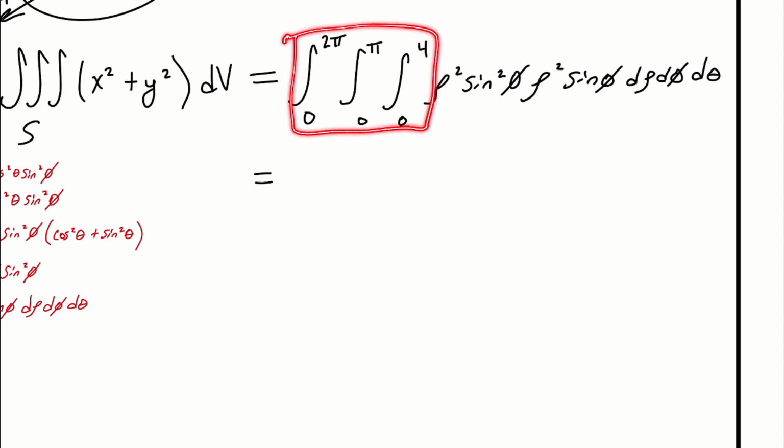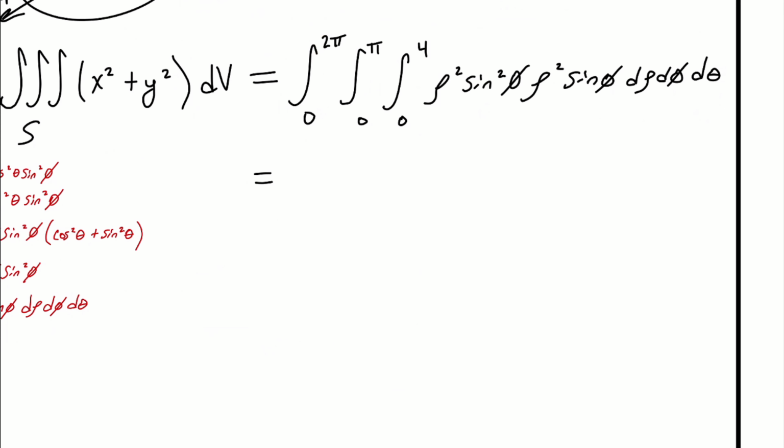In spherical coordinates, all constants produce a sphere. In cylindrical coordinates, all constants produce a cylinder or a portion of a cylinder. Right? This doesn't have to be 2 pi. This could have been some smaller number than 2 pi, in which case it wouldn't be a full sphere. It would just be a portion of a sphere.